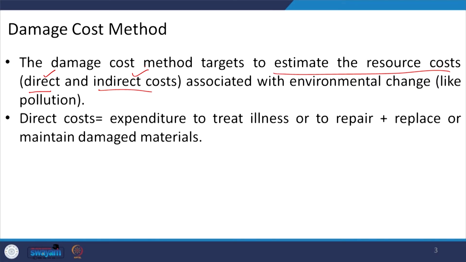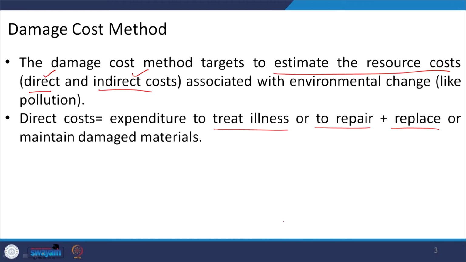If we take the case of pollution on any of the resources, let us say your health, then direct costs are the expenditure that individuals are making for treating their illness, or to repair any property that has been affected by this environmental change because of the pollution, or if you are doing any kind of replacement in the property or in these resources because of the pollution, so that the materials would be maintained.